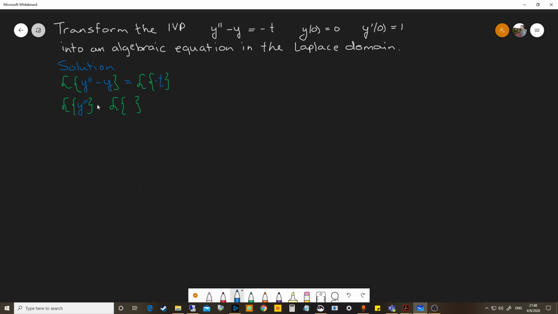And on the other side, we can pull out a factor of negative 1, so we get negative the Laplace transform of t.